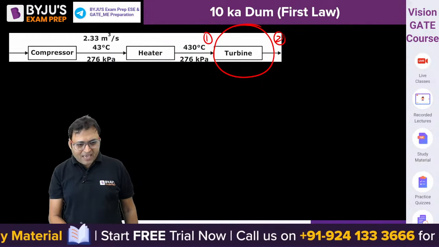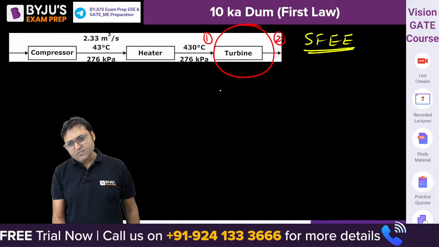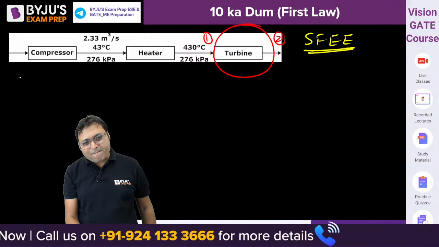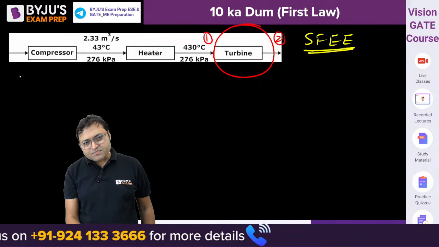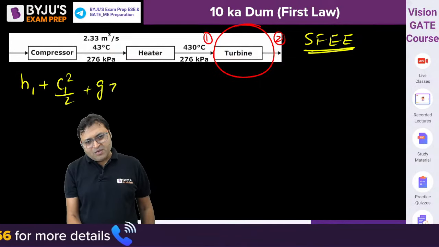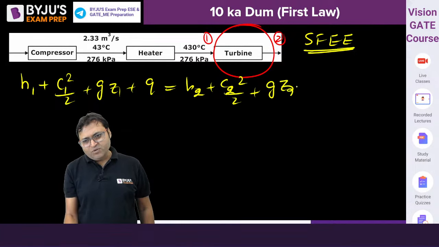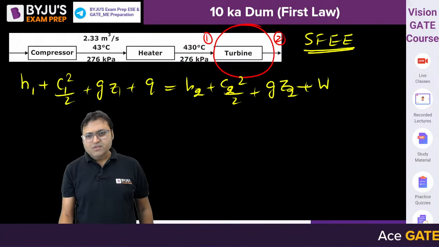So if we apply the steady flow energy equation, we can say H1 plus C1 square by 2 plus gZ1 plus Q is equal to H2 plus C2 square by 2 plus gZ2 plus W. Isn't it?